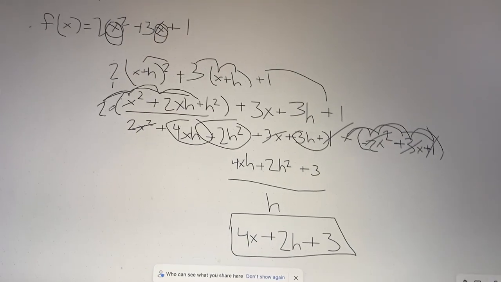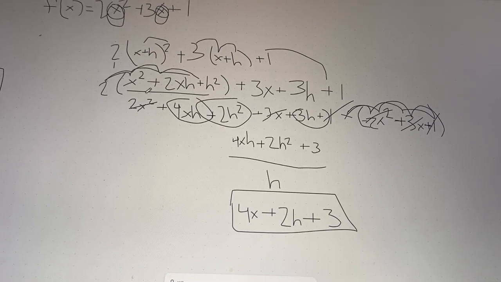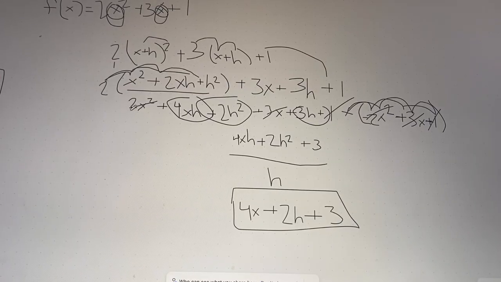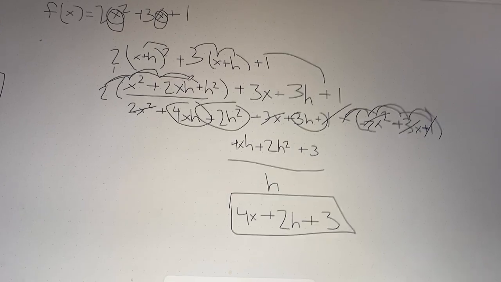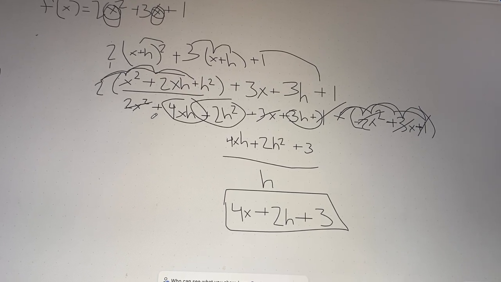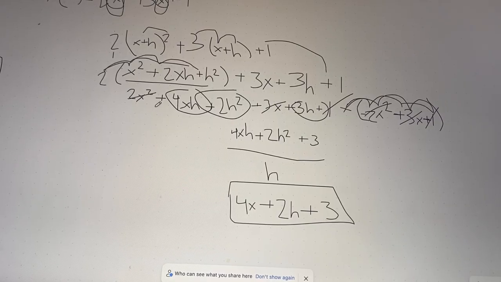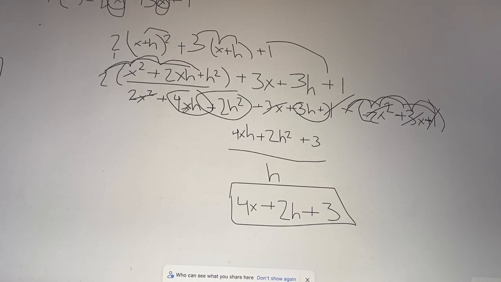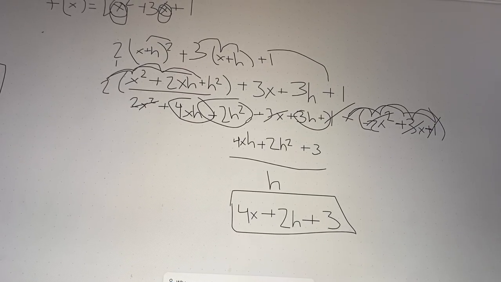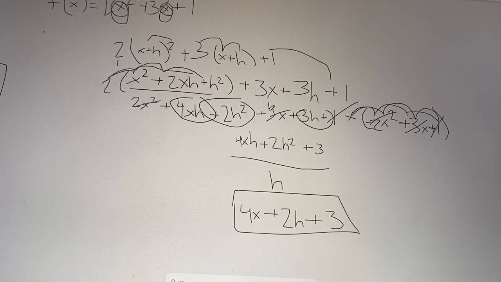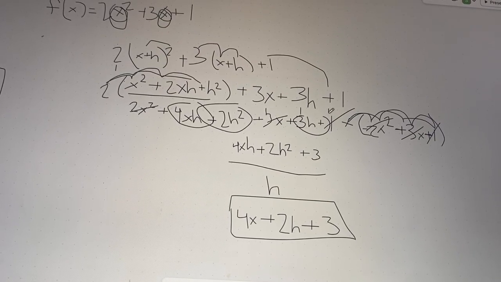So we multiplied the 2 with all the terms, and we got 2x squared plus 4xh plus 2h squared. And then we brought this down, plus 3x plus 3h plus 1.